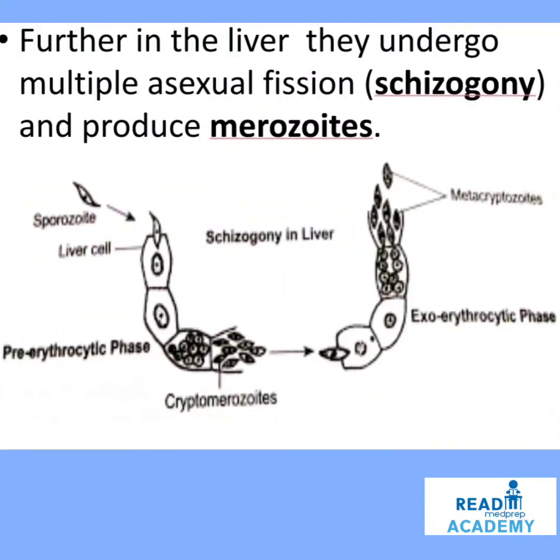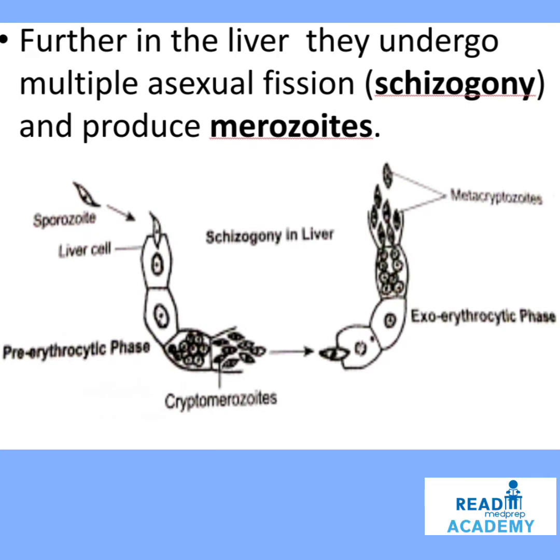In the liver, they undergo multiple asexual fission, called schizogony, and produce a large number of merozoites. In the image below, you can see on the left side the sporozoite entering the liver cell. This multiplies rapidly within the liver cell, and lysis of the liver cell results in the release of cryptomerozoites. This cycle is called the pre-erythrocytic phase.